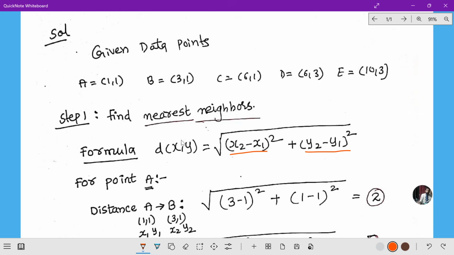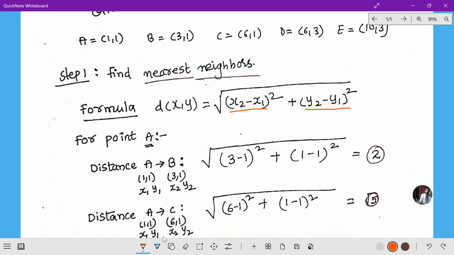When you find the nearest neighbors, we need to find the nearest neighbors of A first, then B, then C, then D, then E.